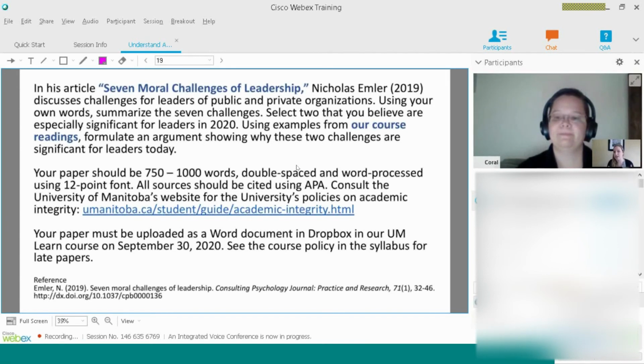We would be including Emler in parentheses beside that information. And that's APA style. There are other styles like Chicago or MLA, which you might be familiar with, but APA is one of them. So basically, it's a way of keeping track of where your ideas are coming from and leaving little flags for your reader that that information is coming from somewhere else, if that makes sense.